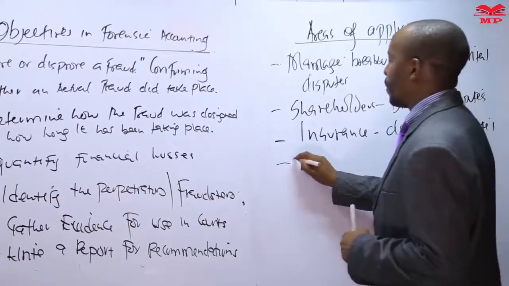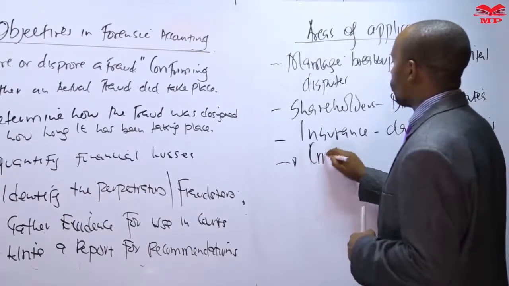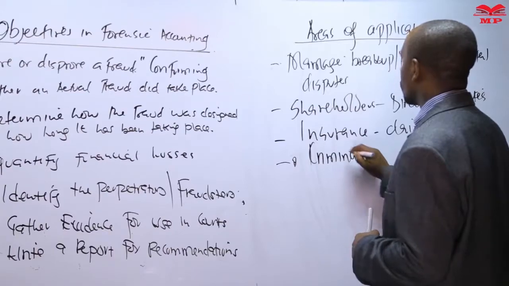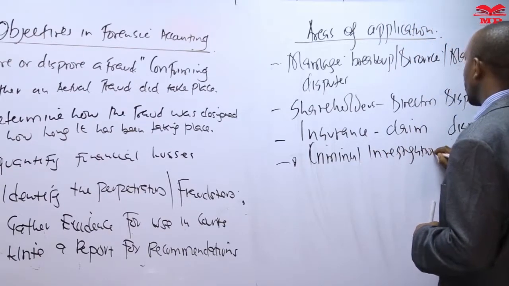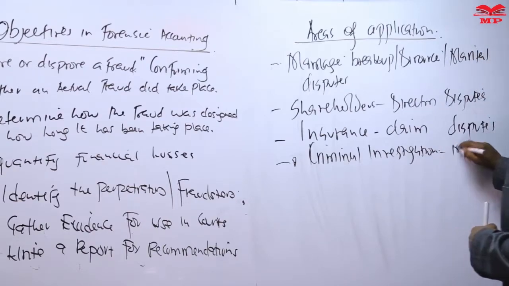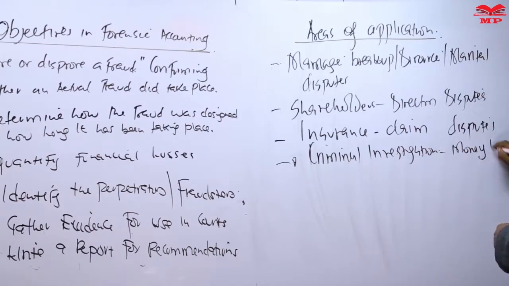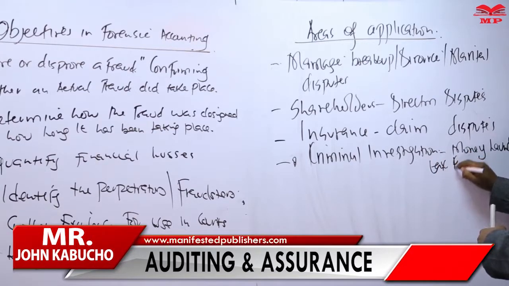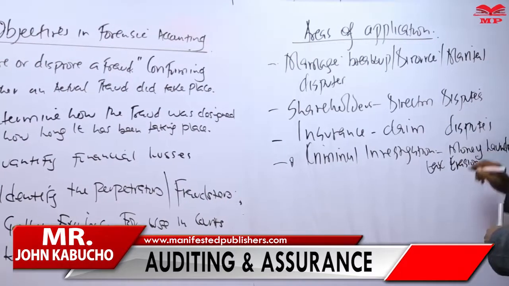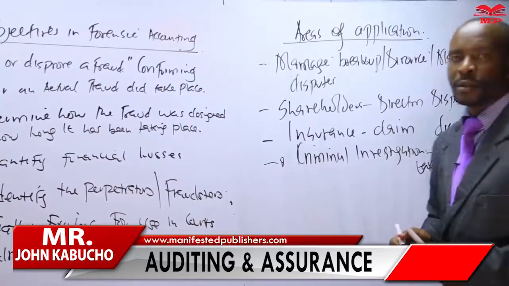The director of public prosecution can also involve a forensic accountant in criminal investigations, especially those resulting from money laundering and tax evasion. In all those criminal activities we wish to quantify the amount involved.